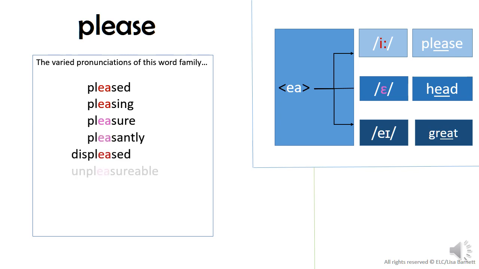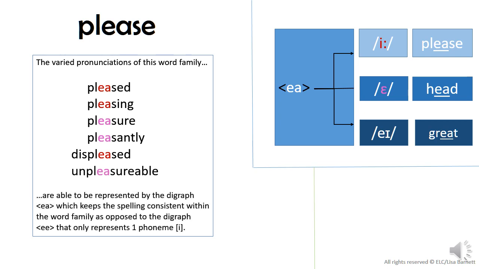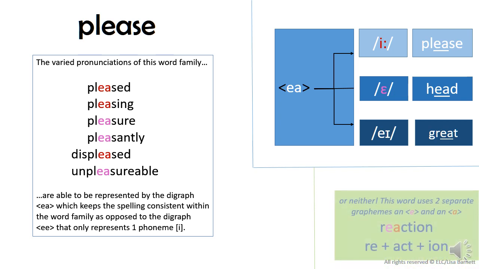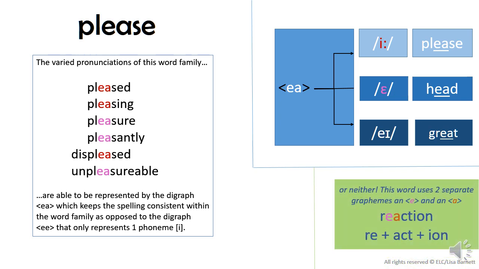Those varied pronunciations are able to be represented by the digraph EA, which allows for the variation in phonemes, but it also keeps the spelling consistent within that word family, as opposed to using the digraph double E that only represents one phoneme of E.